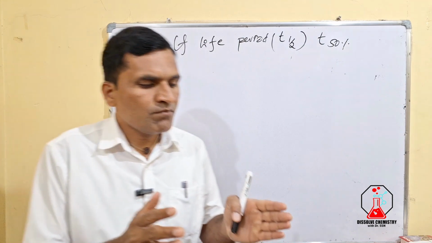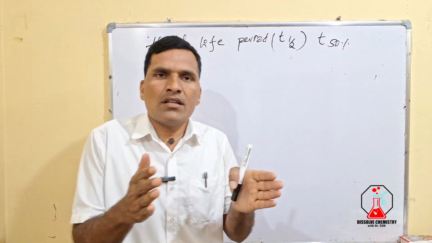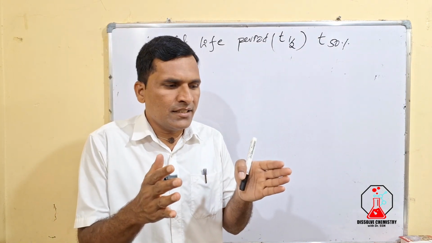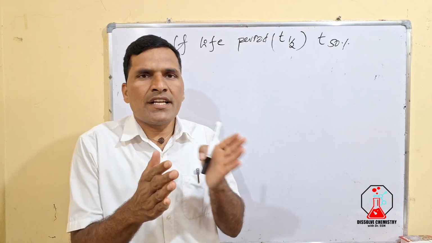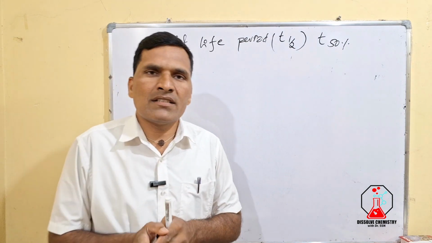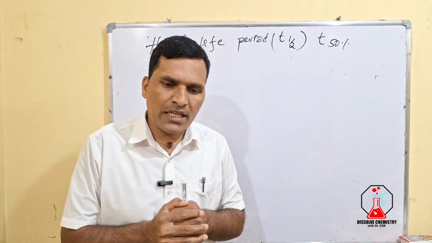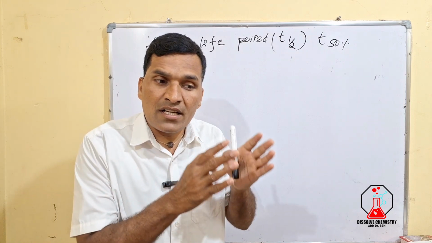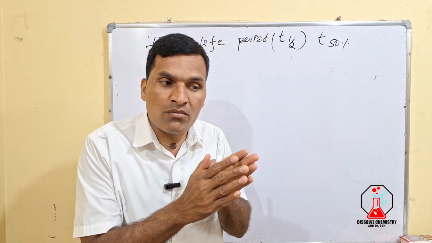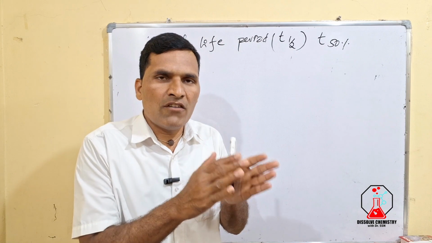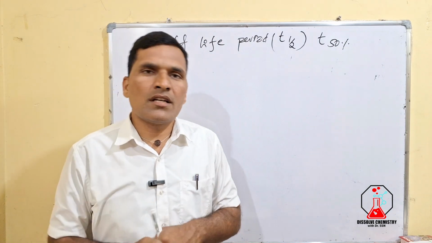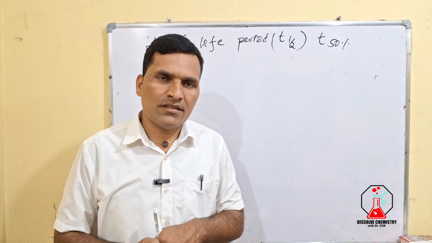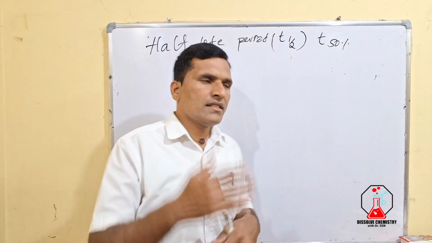Like that, when you take the initial concentration of any reactant, how much time will it take to reduce to half? Say for example, I have taken 1 mole. How much time is required to convert half of the initial concentration of the reactant? So let us define that.